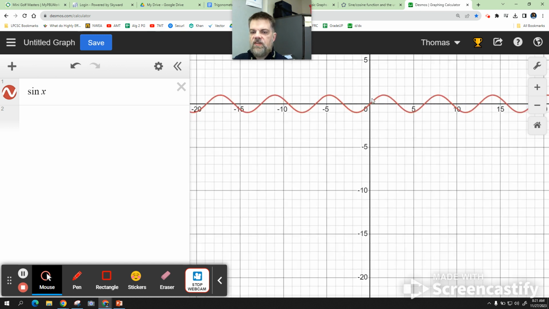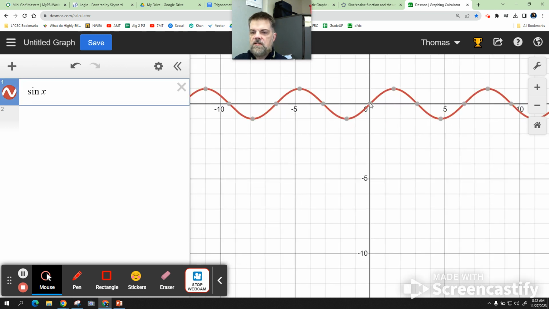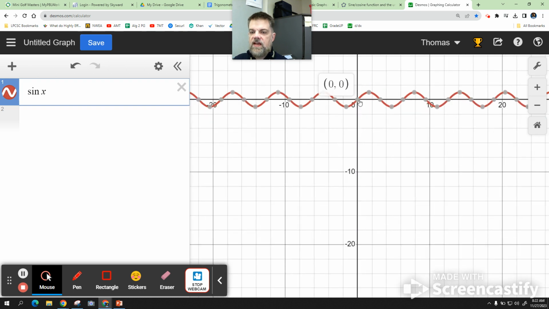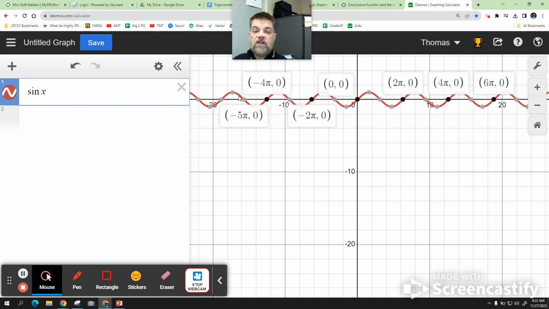So that pattern goes on forever and ever. But from here to here, that's 2 pi. Where's the next one? Well, this is negative 2 pi. So that's what they're talking about, the periodic behavior. Where does the period happen again? Well, if I go 0, 2 pi, 4 pi, so all that information you wrote down, even integer multiples for the period of sine. Notice that it's always some multiple of either 2 pi or negative 2 pi.